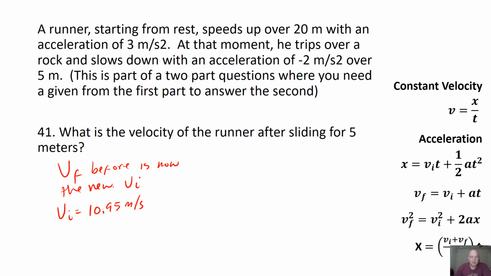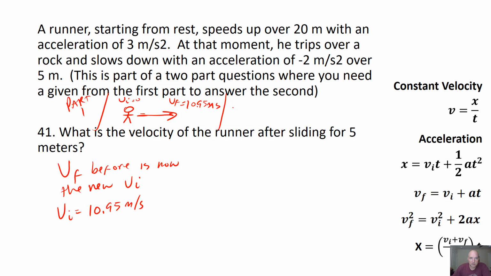You might have many times where you have multiple-part questions and you have to think, okay, this runner is running. He's going to start off with an initial velocity of 0, and then by the time he gets here, he's going to get to this final velocity of 10.95 meters per second. And so this is like part 1.